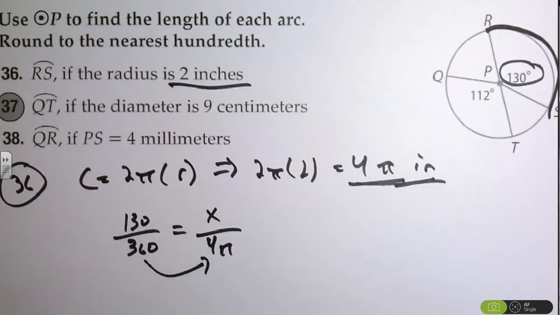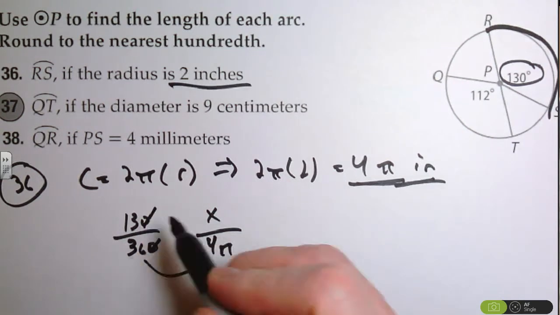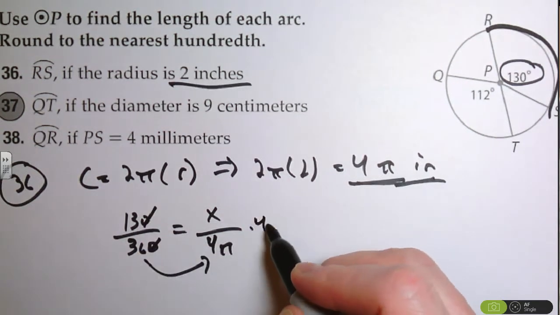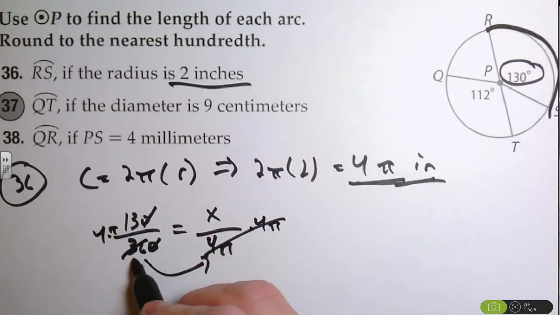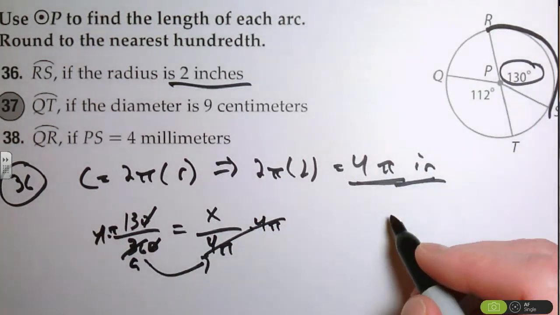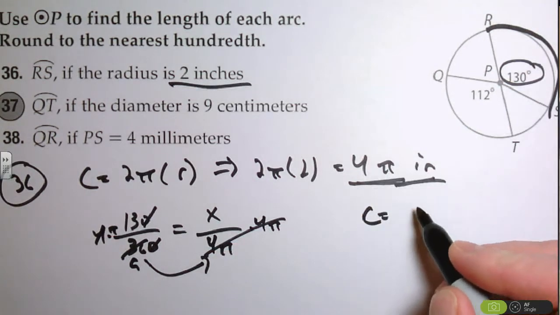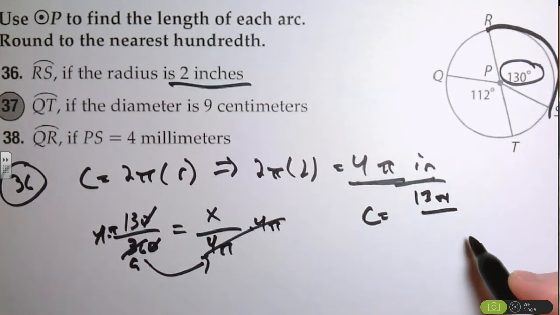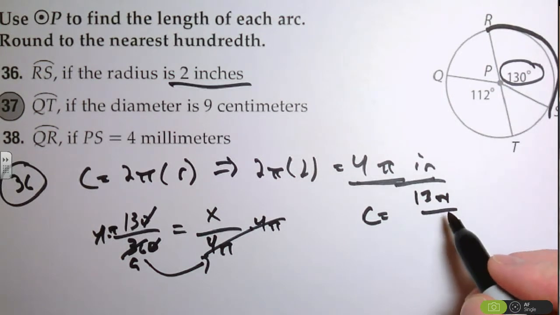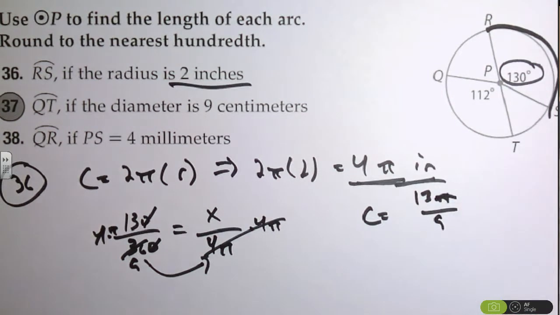This is the part we're looking for, just part of it. You can cancel it down a bit. You can also multiply by 4 pi. It becomes 9 and 1. So the arc length is 13 pi over 9.